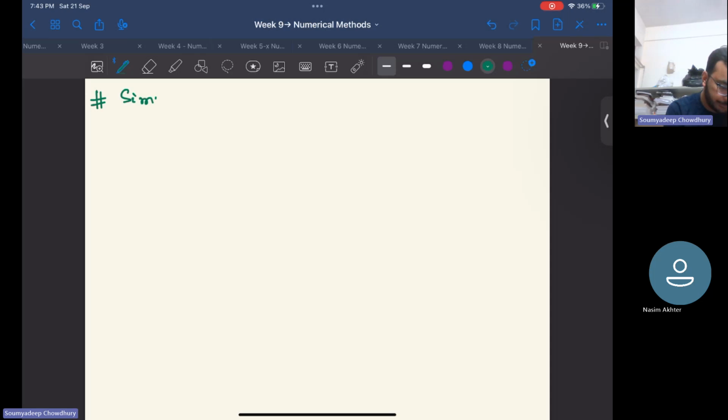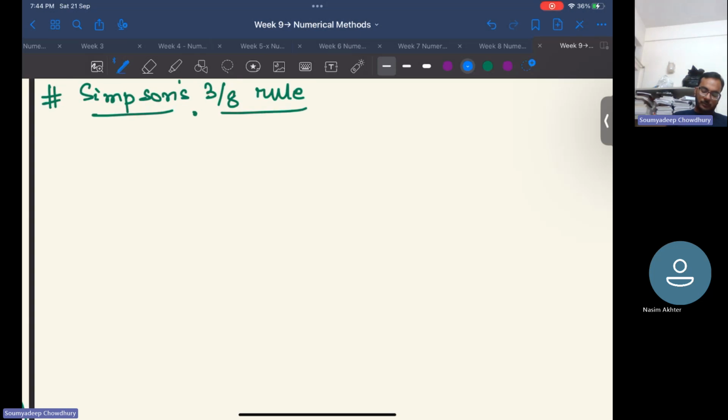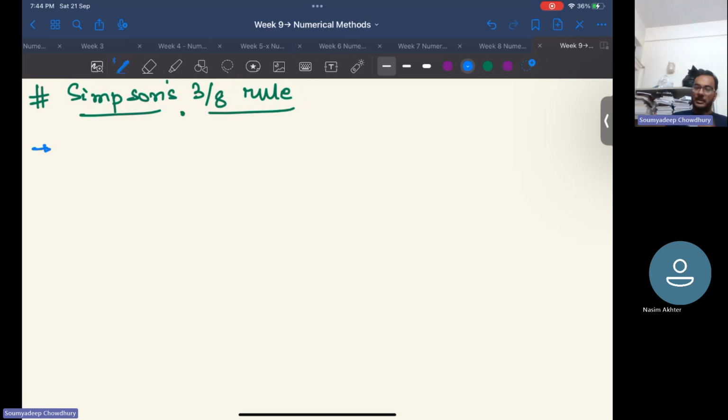So next you have Simpson's 3/8 rule. In Simpson's 3/8 rule, what we basically do is, in the 1/3 rule, we approximated the function as a second degree polynomial, right?